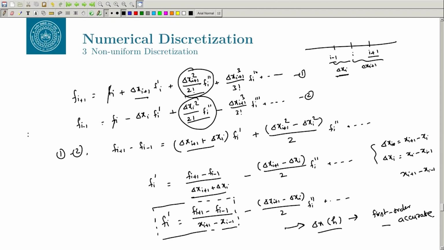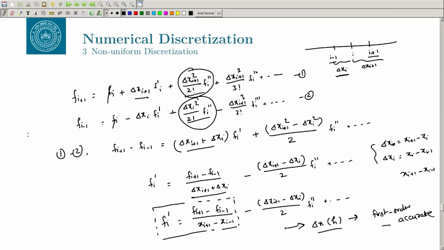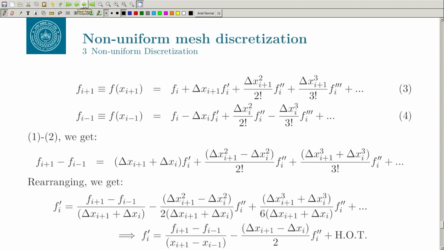If you use a uniform mesh in the entire domain, your grid size will be very huge, because the minimum grid size that you require near the boundary layer is very small, and you do not want to use the same grid size away from the boundary layer also. So, despite the fact that your order of accuracy goes down, you need to use the non-uniform mesh.